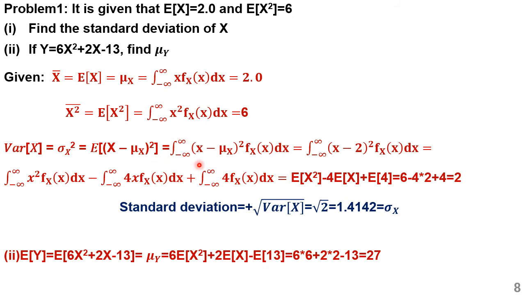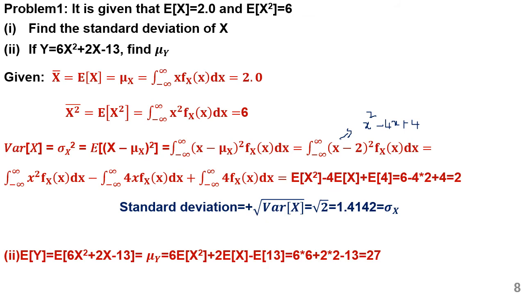That is integral of x minus mu x whole square times the pdf, dx. And here you know that mu x is equal to 2. Let us substitute, we get this as x minus 2 whole square f of x dx. Now let us expand this x minus 2 whole square. When you expand this, you get x square minus 4x plus 4. We will use the principle of linear operation.